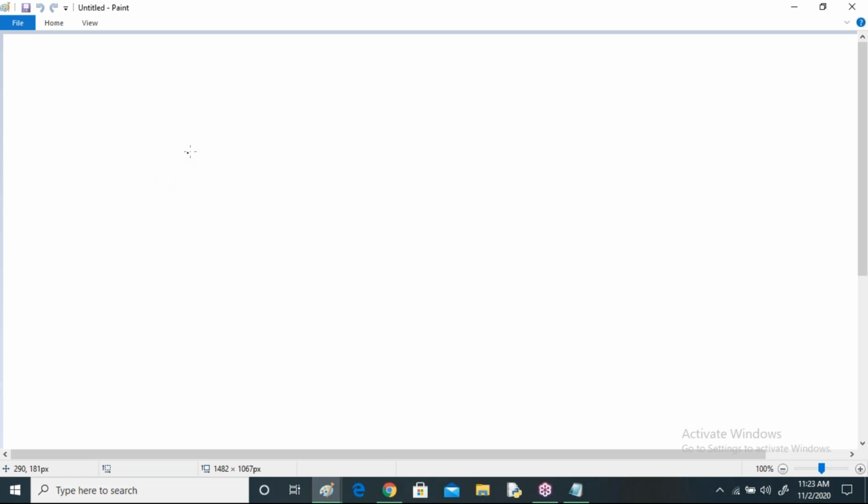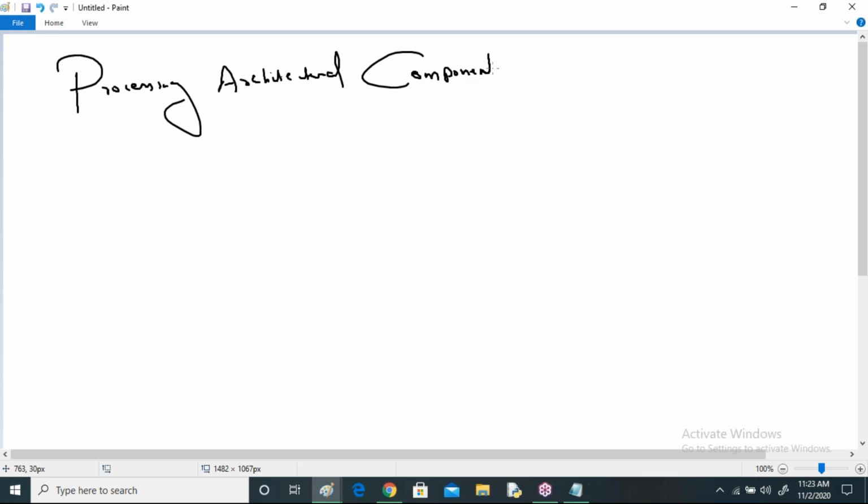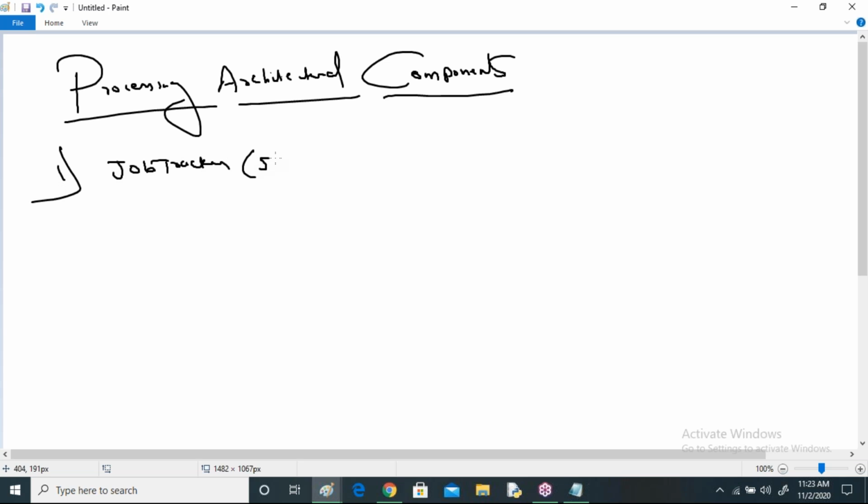Next are the processing or execution components. First one, job tracker (JT) and task tracker.